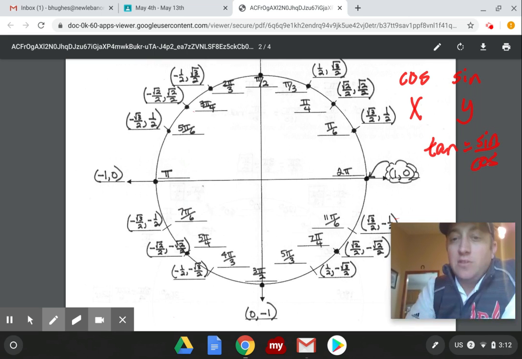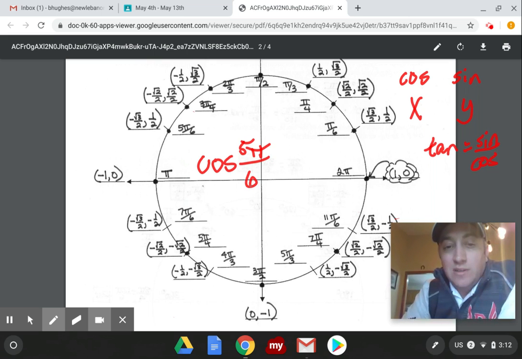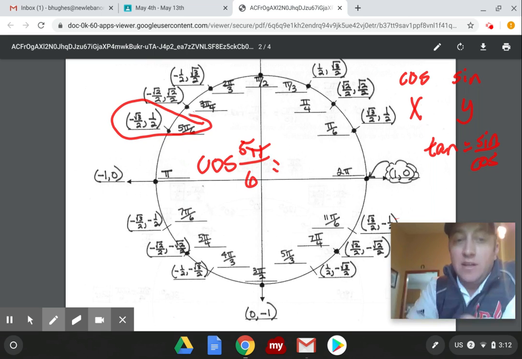So they're going to ask you questions like, all right, what is cosine of 5 pi over 6? Those are the type of questions that you're going to have to know. So if I just go to 5 pi over 6, which is right here, there's 5 pi over 6.